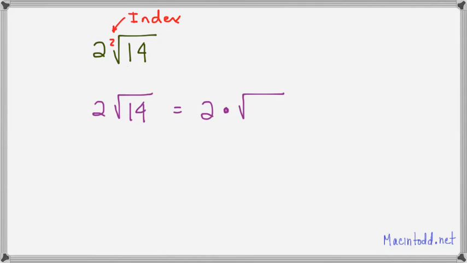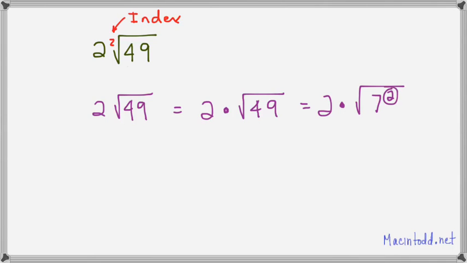I shouldn't put a 14 in there. I'm going to put 49 in there, just because we want to be able to take the square root of it. So this means 2 times the square root of 49, which we know 49 is a 7 squared. Again, that 2 and this little 2 out here match. So this is 2 times, and this expression right here is just a 7.